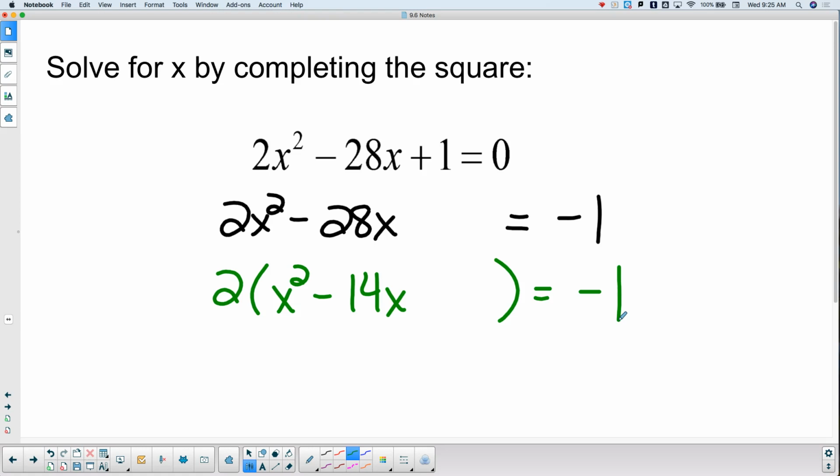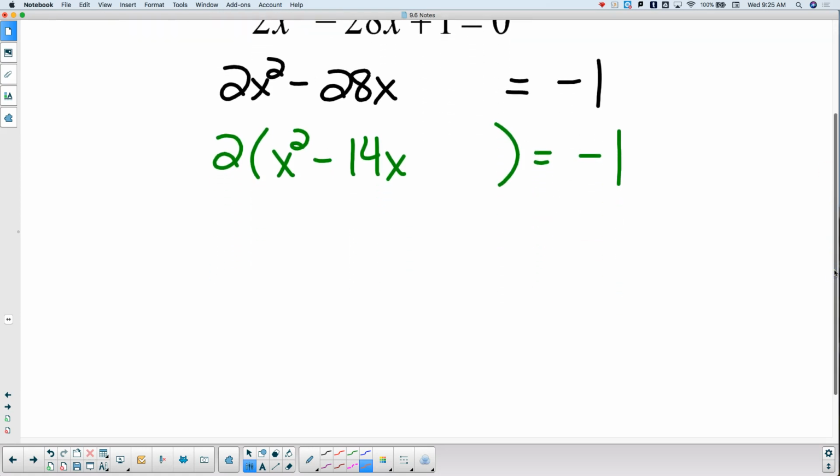Step number 3. What is my b first? We should figure out what b is first. B is -14. It's this number right there. Okay? So b divided by 2 then is what? -7.